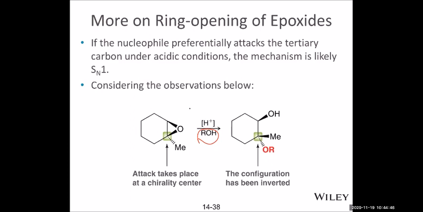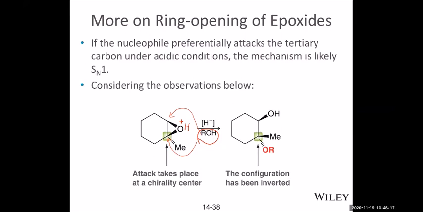We have this epoxide, and your first step is it becomes protonated, and that makes it a better leaving group. And then followed by the nucleophilic attack from the alcohol. The nucleophile should attack either this or this. But what do you find from the experiment?